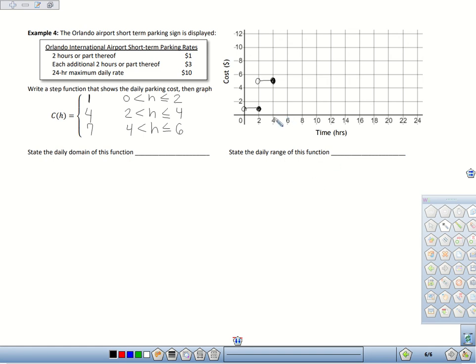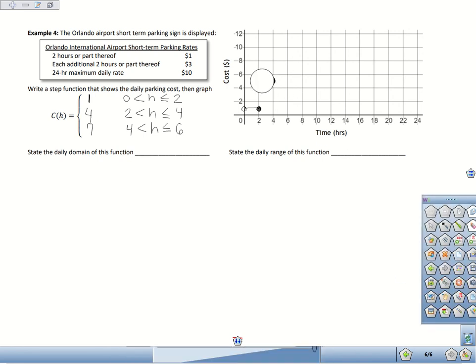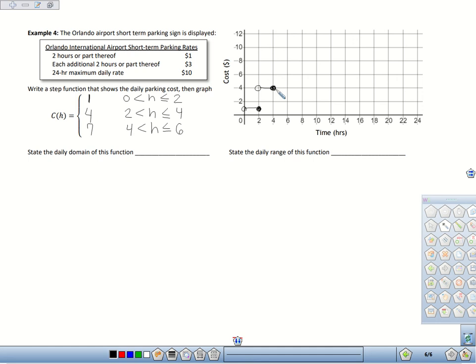So that's going to be from, wait a minute, I messed this up. This should be at 4. Why did I do it at 5? Sorry about that. So at 7, it's going to be from here to here.